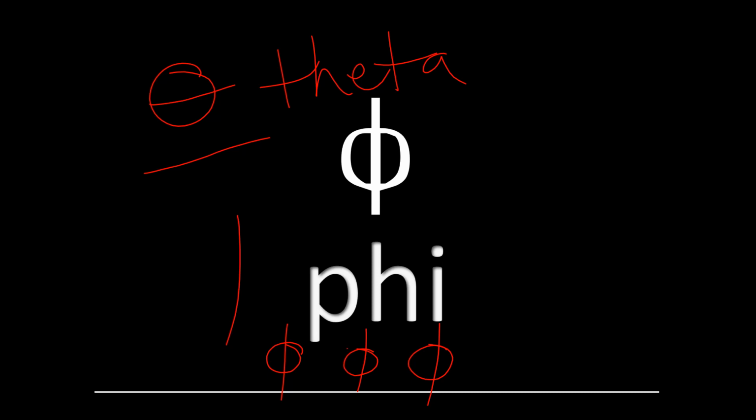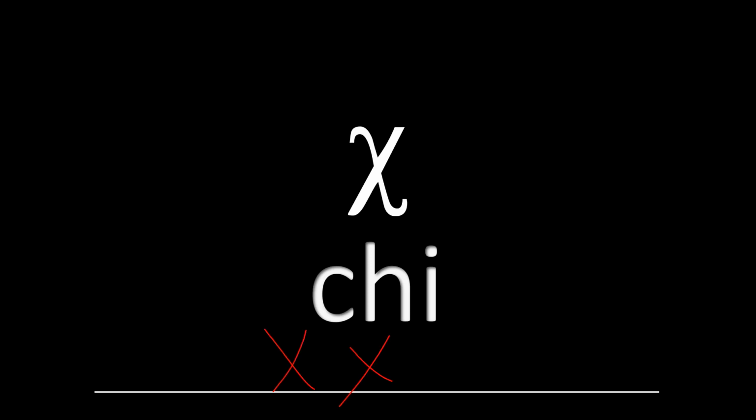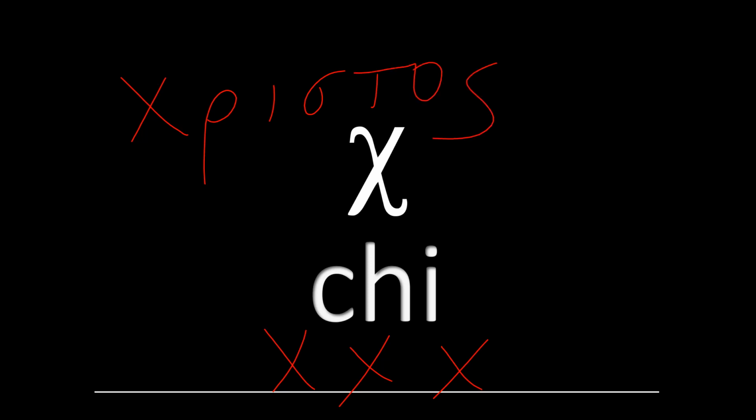Tau, upsilon, phi, chi. So chi is the next letter. This is the CH sound, like lock. It looks just like an X. This is in the word Christos. Can you guess what Christos is?